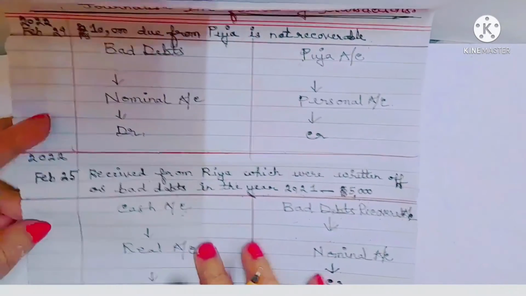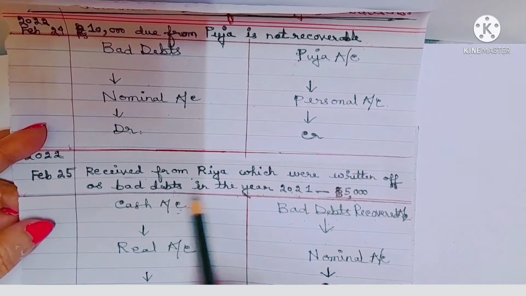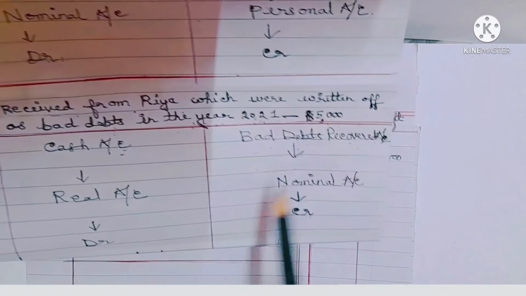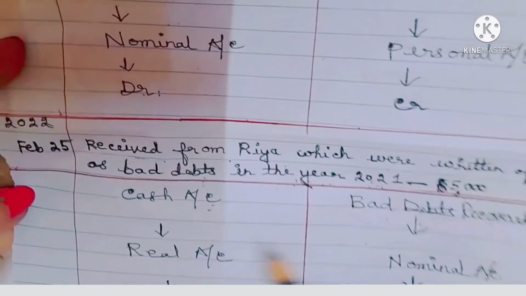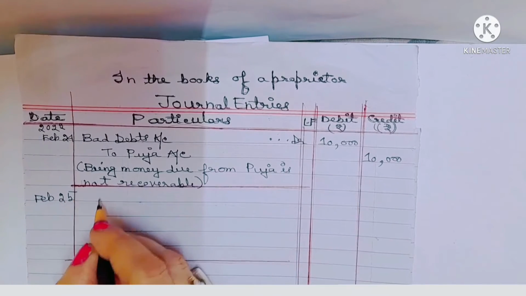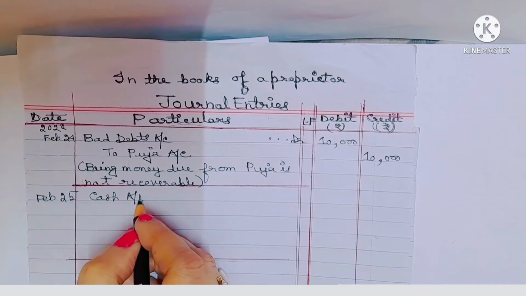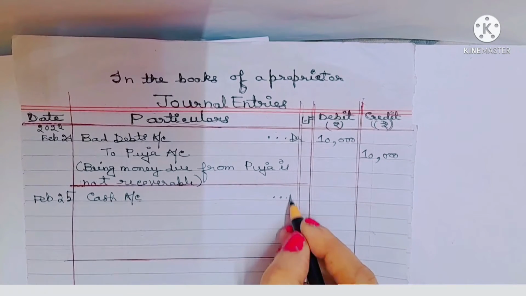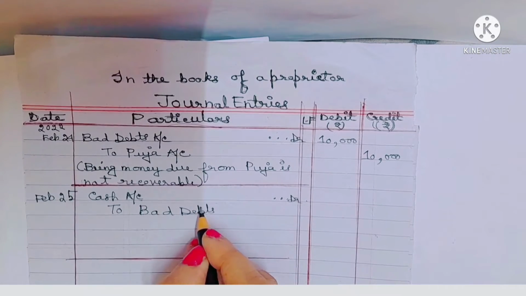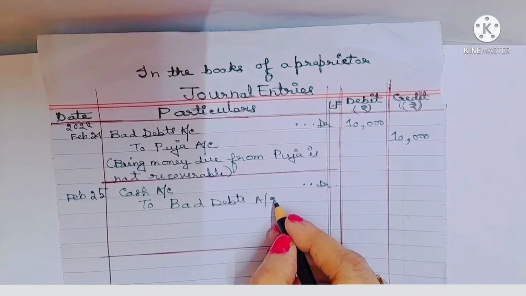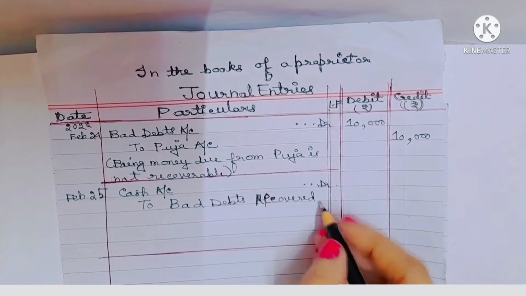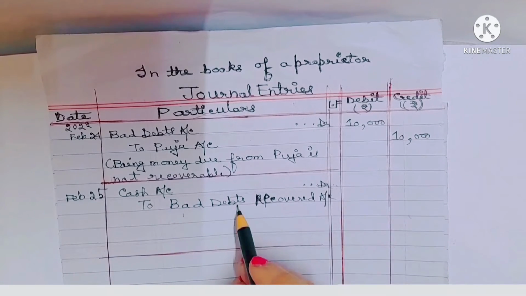What is the second transaction? Received from Ria, which were written off as bad debts in the year 2021, rupees 5,000. Cash account was debited and bad debts recovered account credited. Date 25th February. So cash account debited to bad debts recovered account.